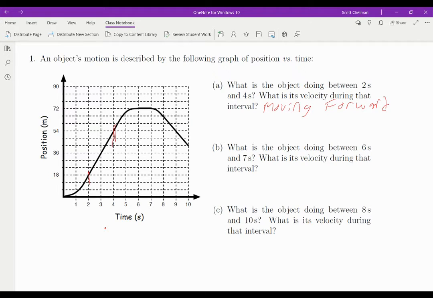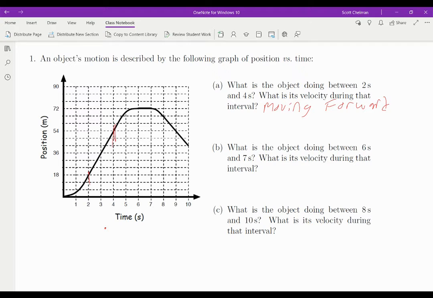Now, the second is, what is the velocity during that interval? Don't get stressed out, velocity or speed. How can you find this velocity or speed from 2 seconds to 4 seconds?